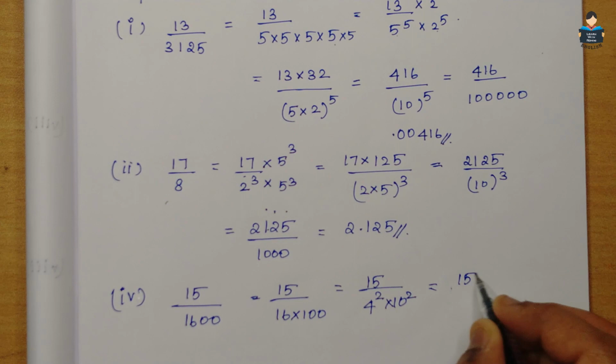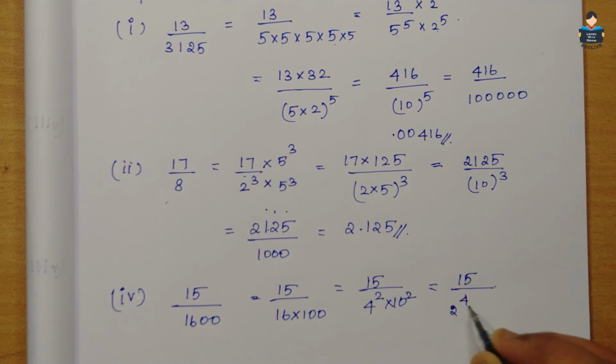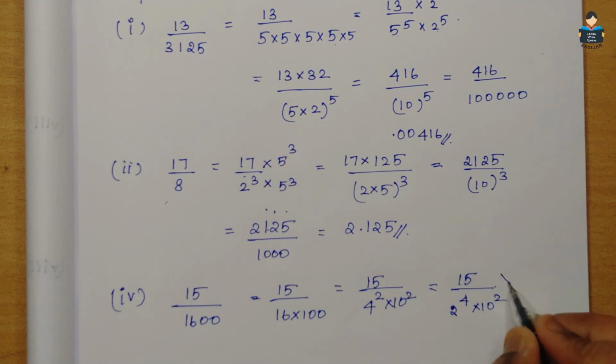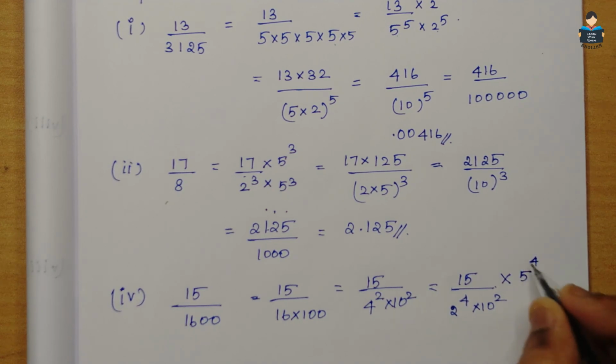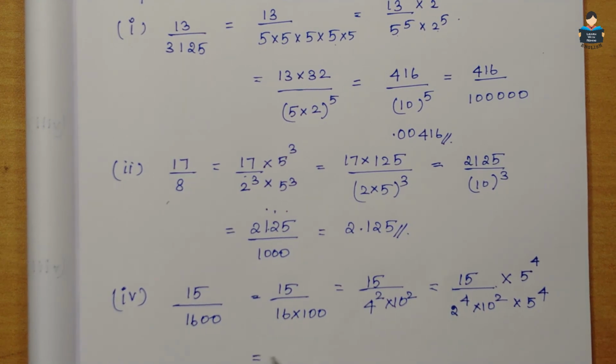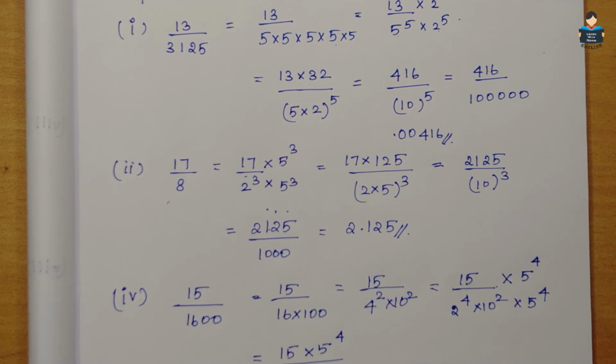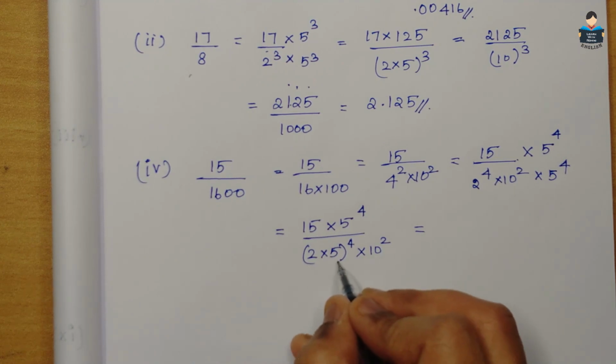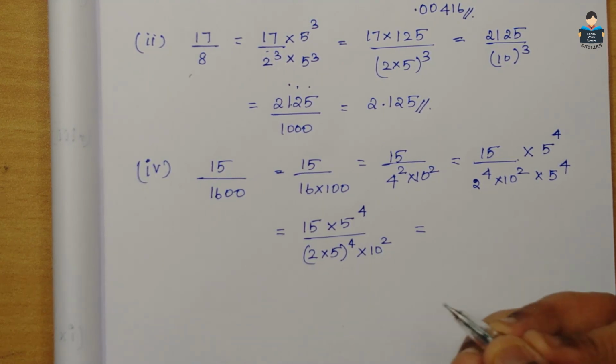So I will get 15 by 2 to the power 4 into 10 to the power 2. Now I have the power of 2 as 4. So I have to multiply 5 with the same power in both the numerator and the denominator. So I will get 15 into 5 to the power 4 by 2 into 5 the whole power 4 into 10 square.